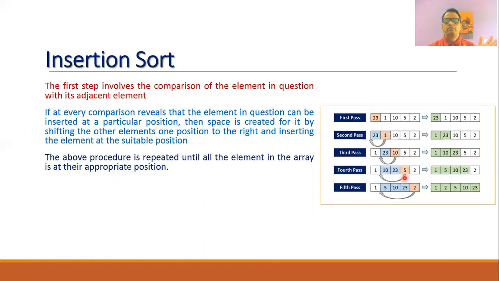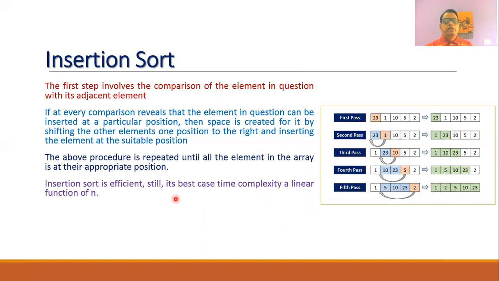In the fourth pass, we will consider the element 5 and compare it with its adjacent element, and insert it at this position so that we have the list 1, 5, 10, 23, and 2. And finally, we will check this value 2. We will compare it with the adjacent elements in such a way that the 2 can be inserted after 1, so that we have all the elements arranged in increasing order.